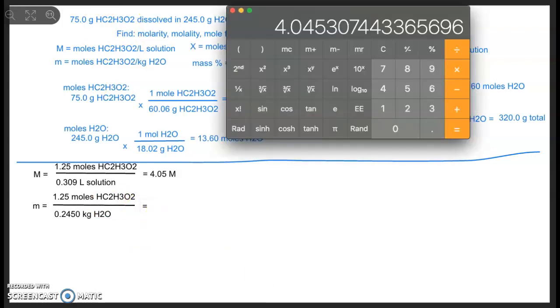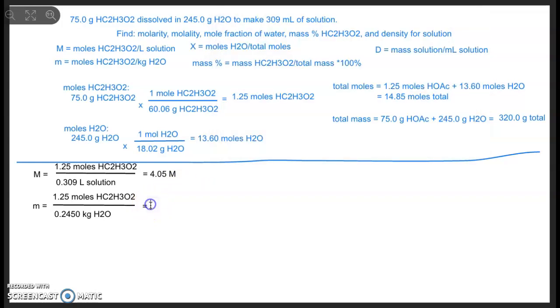And so 1.25 divided by 0.245 is 5.10 molal acetic acid.